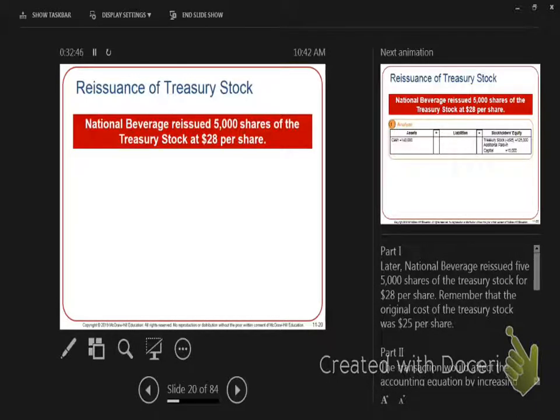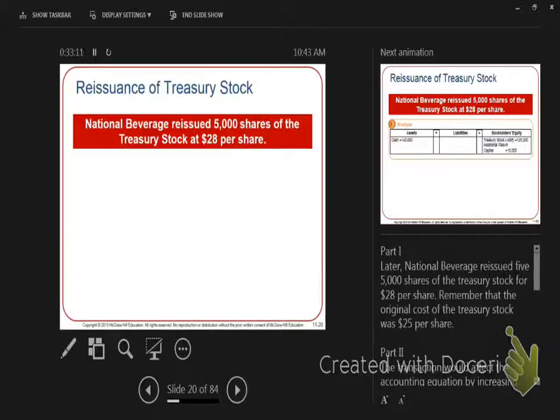Cash. The reason I ask it like that every time is I expect nobody to miss the debit when you're doing journal entries for selling stock. So how much cash did I get? I sold 5,000 shares at what price? 28. So you always do it at the price it tells you. That's 140,000.